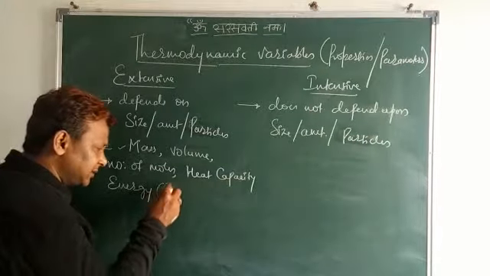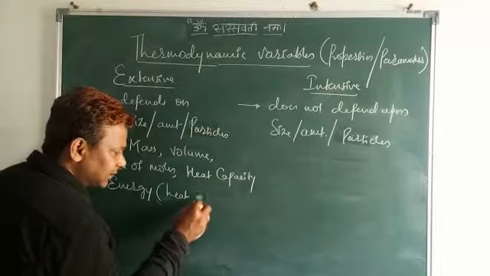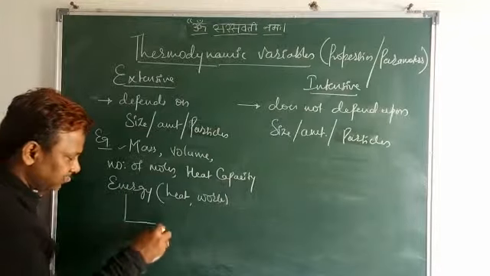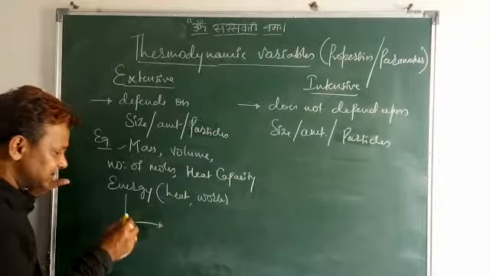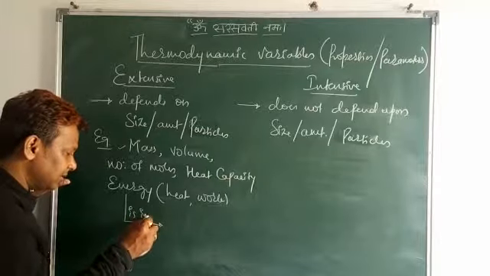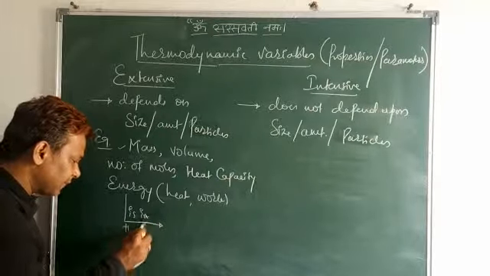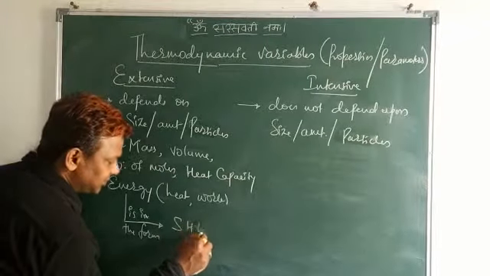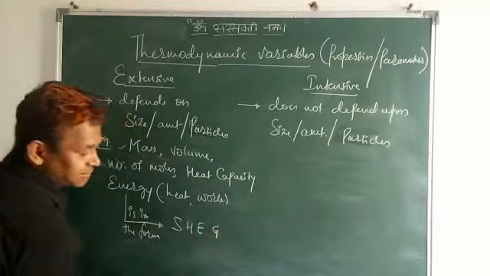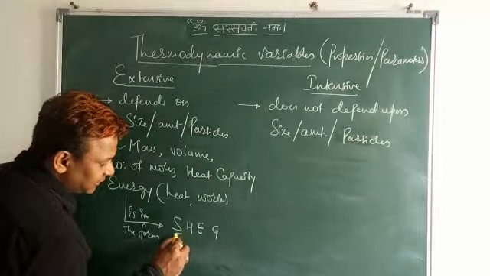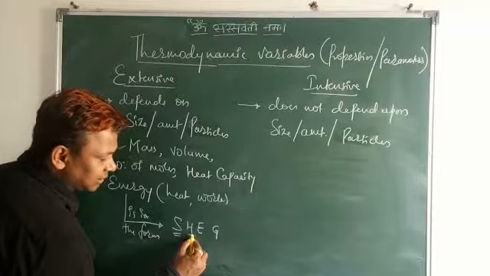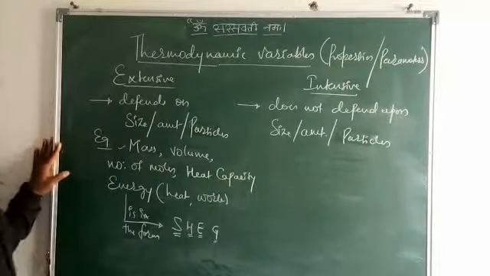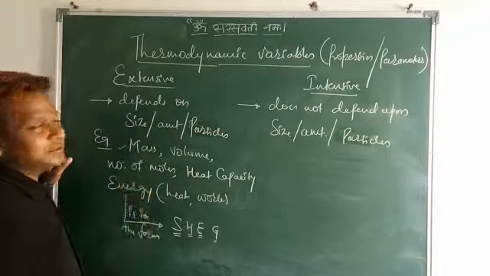Here, in this chapter we discuss either heat energy or work energy, and the energy which is extensive is in the form of S, H, E and G. This is a way to remember: S indicates entropy, H indicates enthalpy, E indicates internal energy, G indicates Gibbs free energy. All these terms come under extensive property.